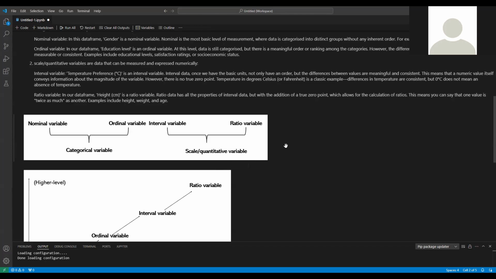On the other hand, if you could use numerical values to tell the information of the attributes, then this type of data is called scale variables or quantitative variables.